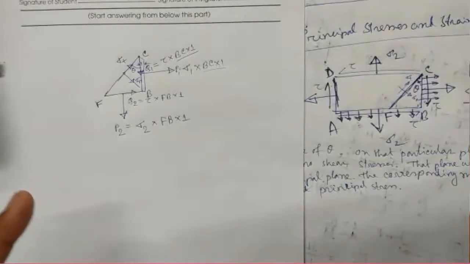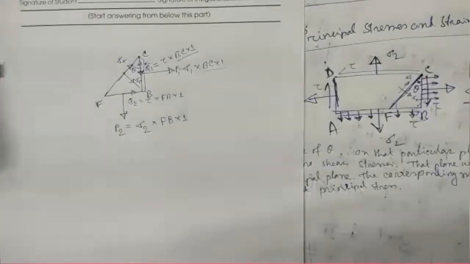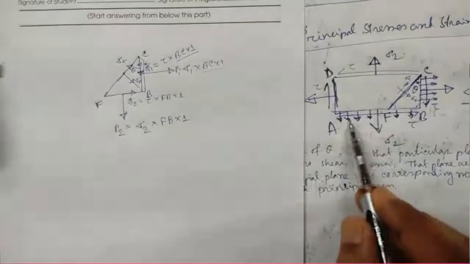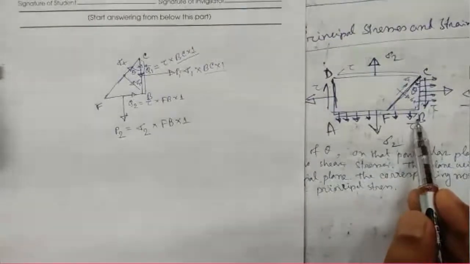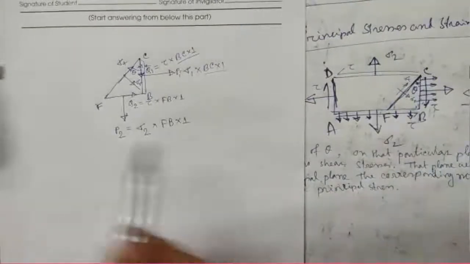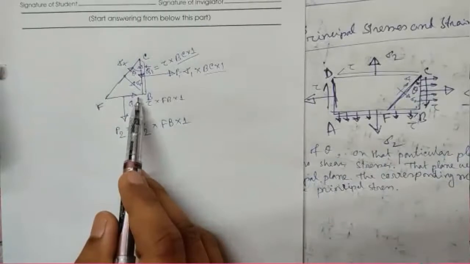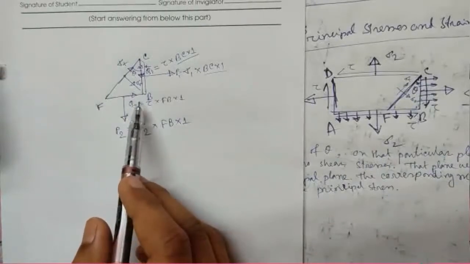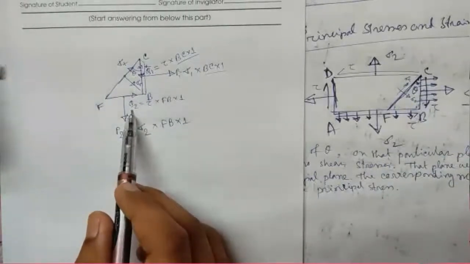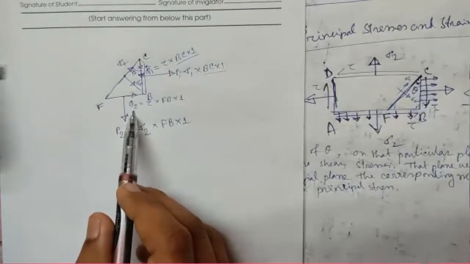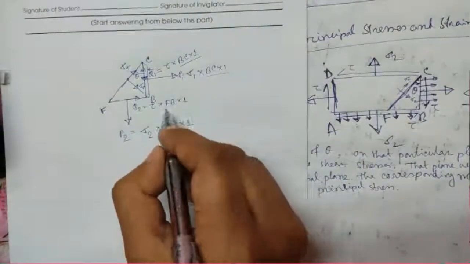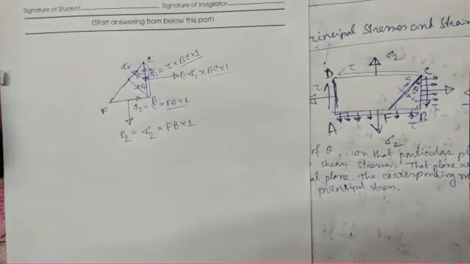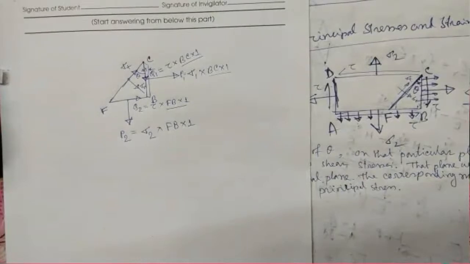Now in FB there was the complementary shear stress along AB. This stress has some portion working on FB, so on this FB portion the force produced by the shear stress is Q2, and Q2 will be equal to stress into area, so tau into FB into 1. FB is the length, and the thickness is 1, because we have said the cross section is of unit thickness.